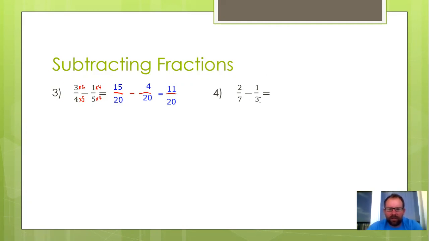We have 7 and 3, if I multiplied those together, my common denominator will be 21. I'll have my two changed fractions with the common denominator here and my subtraction sign. Now, what I have to do is 7 times 3.